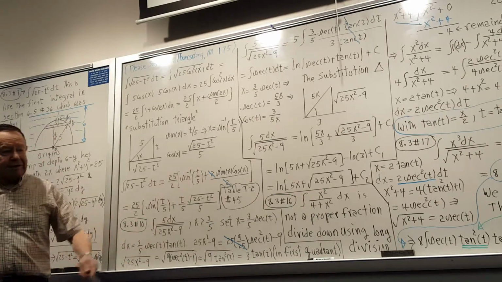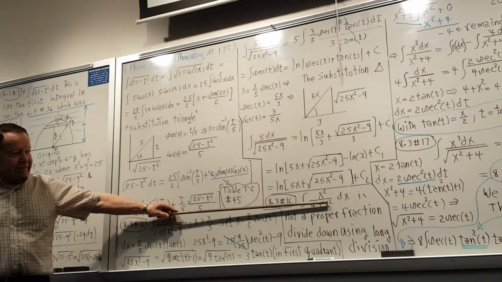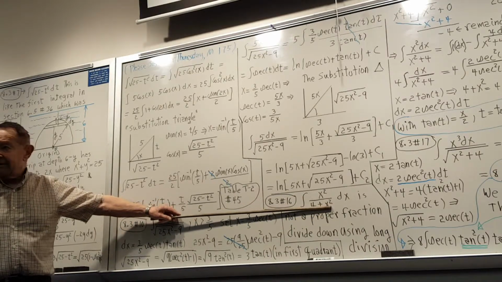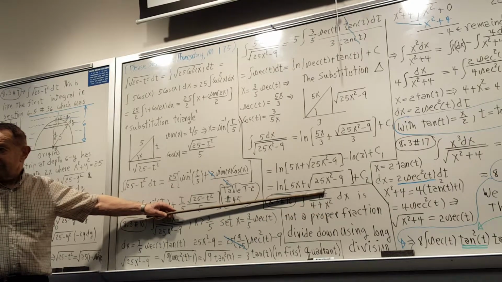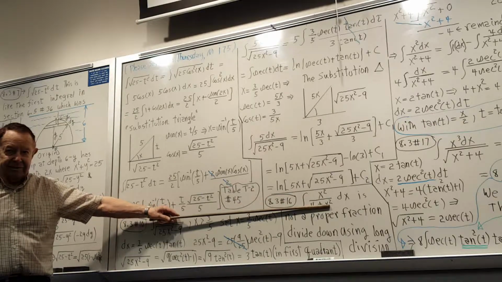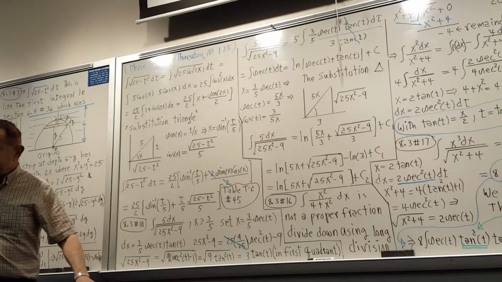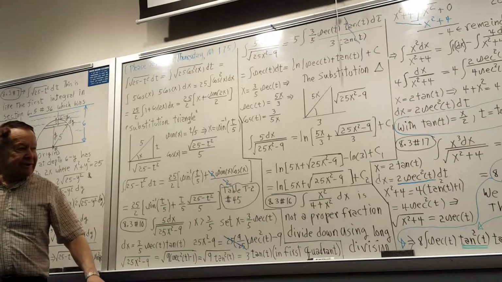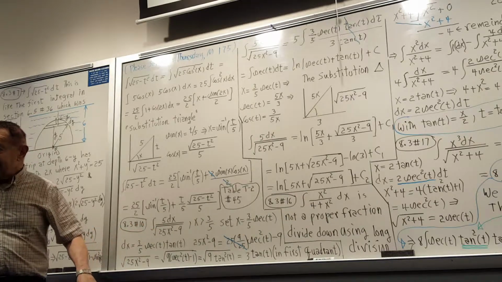A proper fraction, when you're talking algebra, the degree of your denominator polynomial is greater than the degree of your numerator. But you see, as polynomials, these are the same degree. So if you have an improper fraction, the first thing you do is long division. You divide it down.